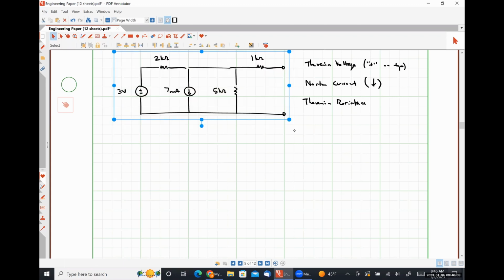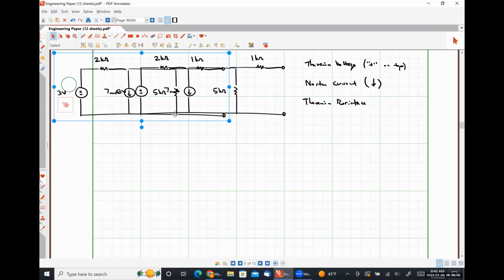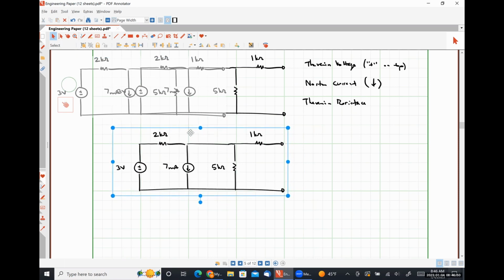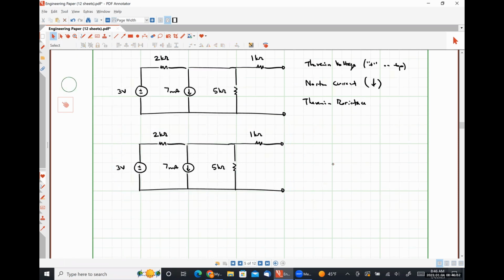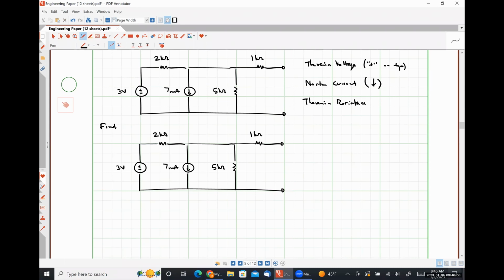So those are our three quantities of interest. And we're going to find these three things and then prove that we can switch back and forth. Okay. So let's find, what do you guys want to find first?